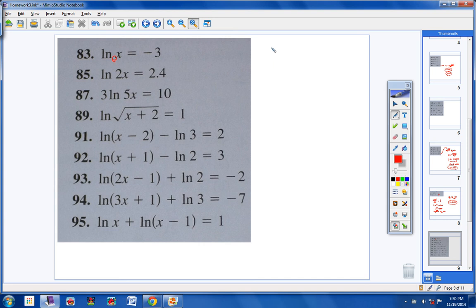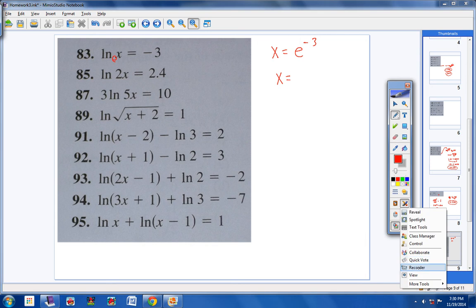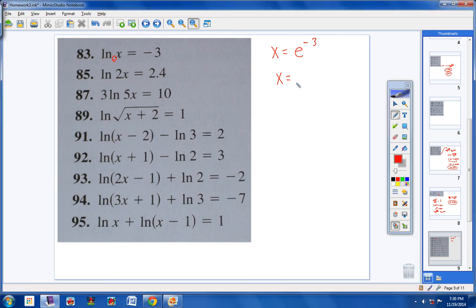So x equals e to the negative 3. So x equals 0.050. Okay? And that does fit. That does work in for x right here.